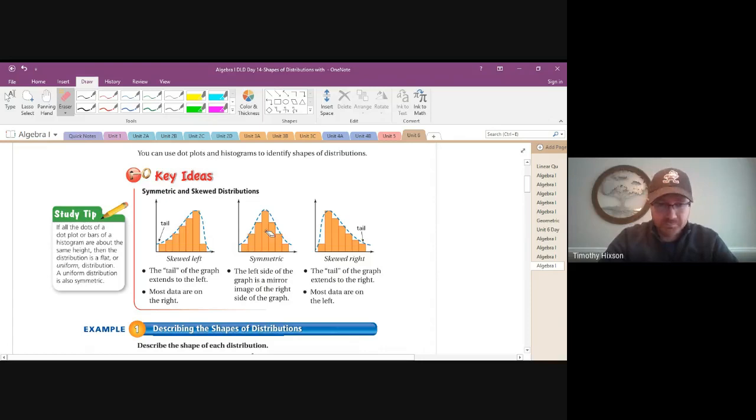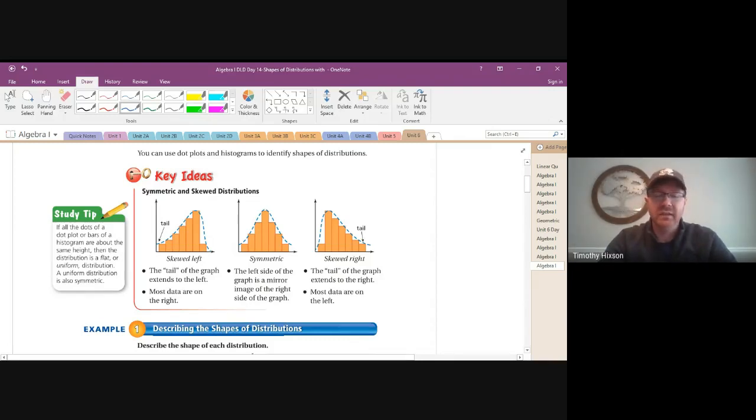So I'll start in the middle here. Symmetric is when we have the majority right here in the middle, and then things are generally evenly distributed on either side. Here we have the middle bar in our histogram, and on either side there's about the same amount. In this case, it's a perfect symmetric example, but they can be a little bit different as long as they're relatively the same, and we could still call it a symmetric distribution.